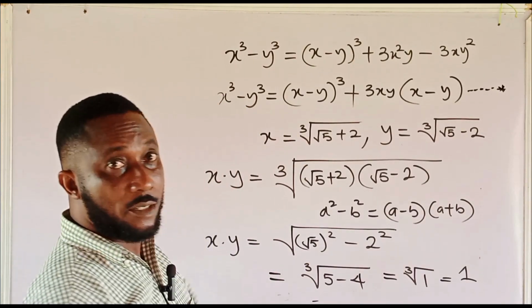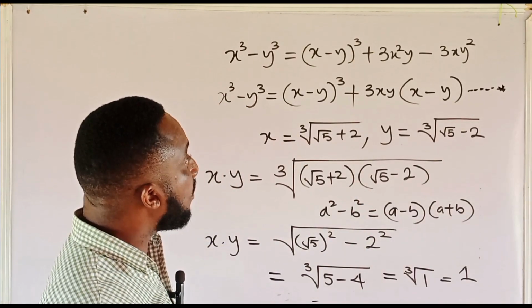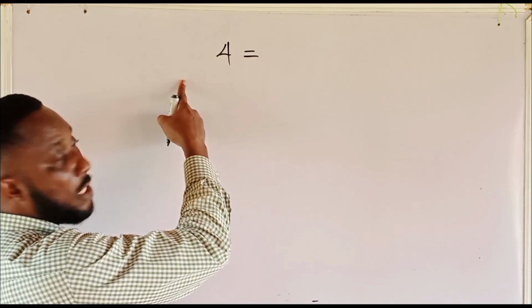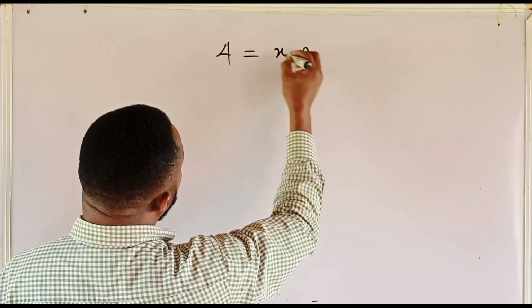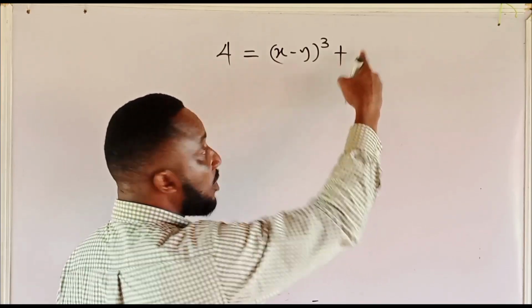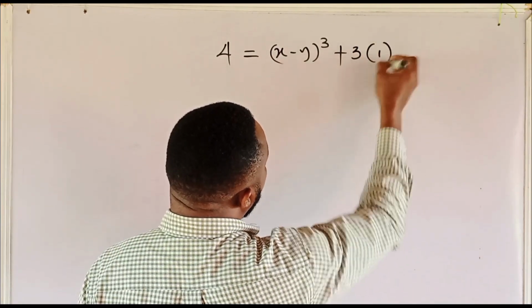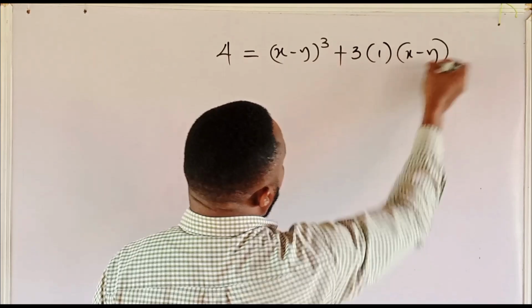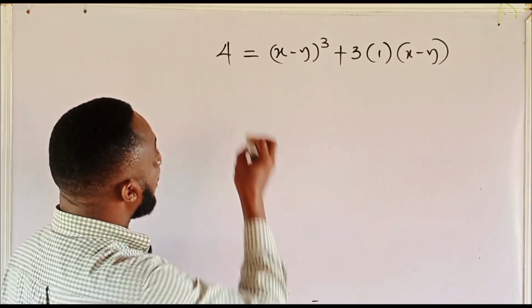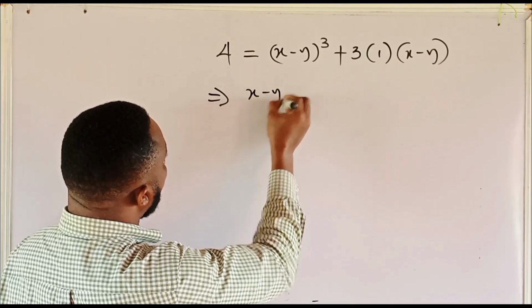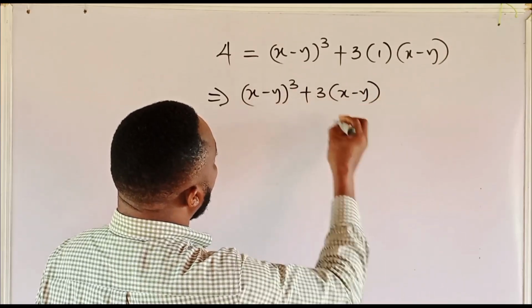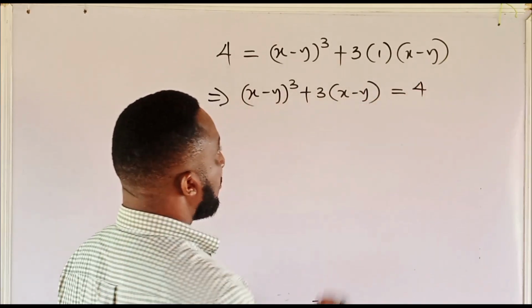If we do that, we shall reduce the complexity of this problem. 4, which is s cubed minus y cubed, then we are going to be having s minus y whole cubed plus, we already know the value of sy, which is 1, 3 multiply 1, then multiply s minus y. So if we tidy this up, we are going to be having s minus y whole cubed plus 3 multiply s minus y, everything equal to 4.